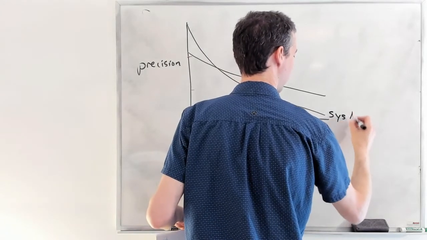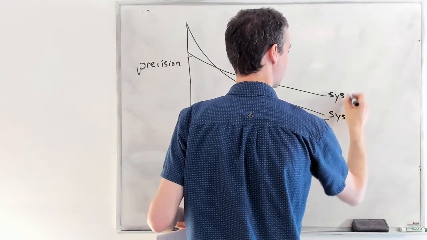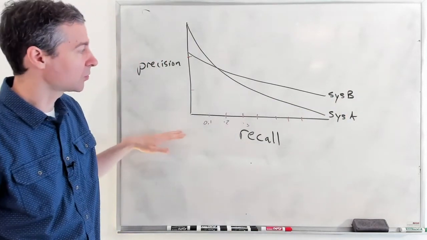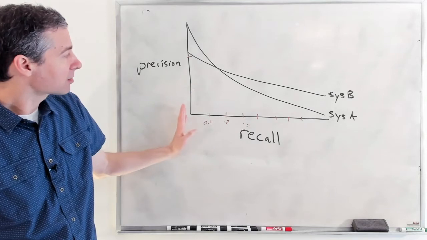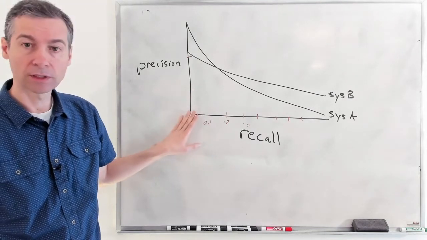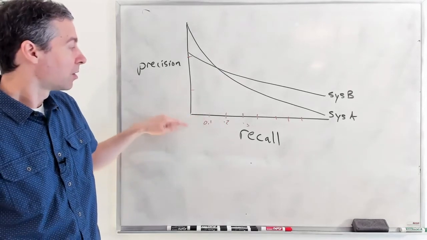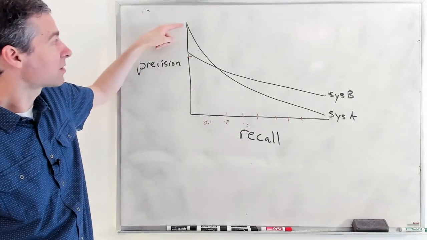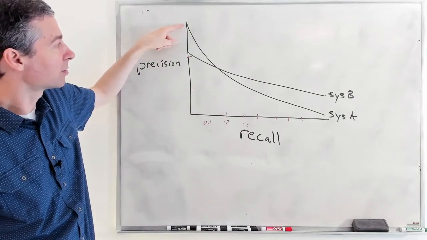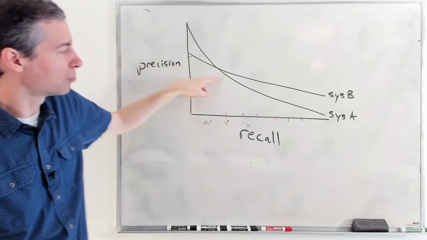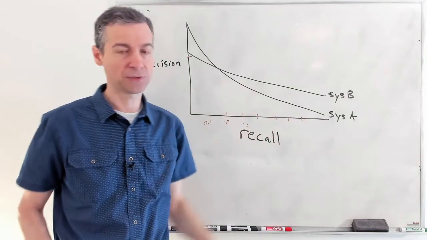Let's call this system A, and this is system B. What's interesting about this is it gives you a sense that, at the start of the retrieval results, when we haven't recalled many of the results yet, system A is able to achieve high precision early on, but as it needs to find more and more documents, its precision falls off.